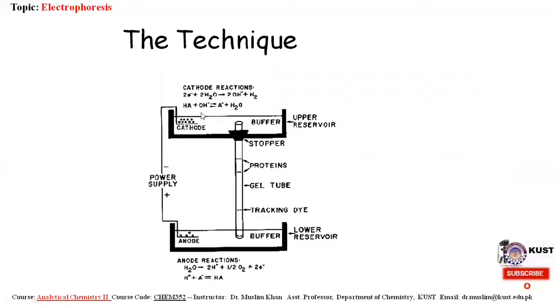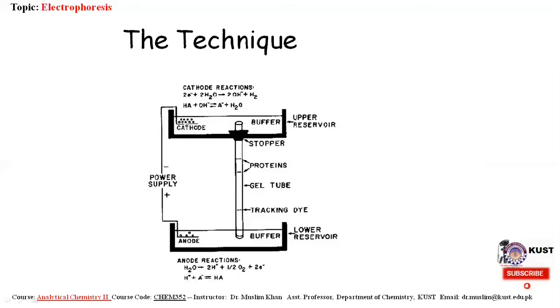So this is the cathode and buffer solution in the upper reservoir. This is the lower reservoir, the anode and lower reservoir. These are the two reactions taking place at the respective electrodes. H2O is converted to hydrogen ions, oxygen, plus two electrons, and these electrons are taken up by H2O, giving hydroxyl and hydrogen, and this is how the organic acid is converted into its respective anions, and again these anions combine to form the organic acids.